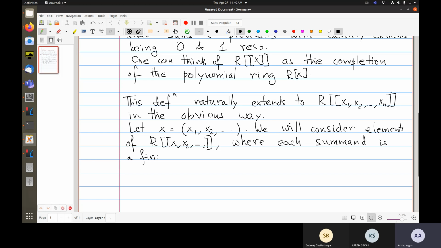So we will not allow infinite products of any type.